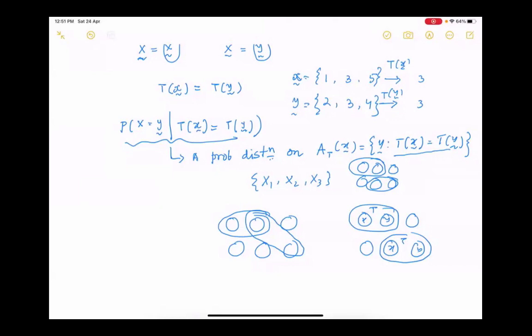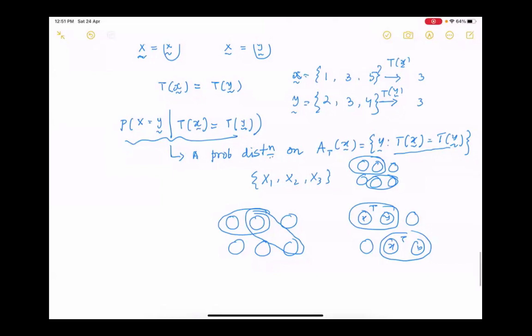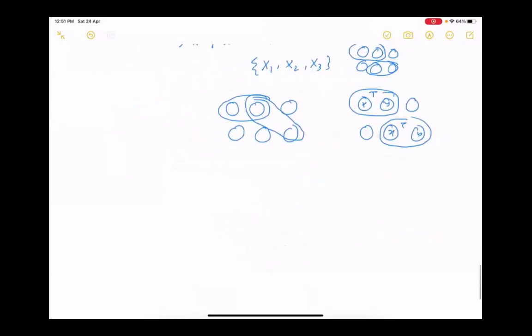So that is the intuition behind this sufficient statistic: whatever information I have, with that I'm okay, and I don't need any further information about theta. Whatever I have in the data, I'm using it in an optimal sense. So that was the thing.